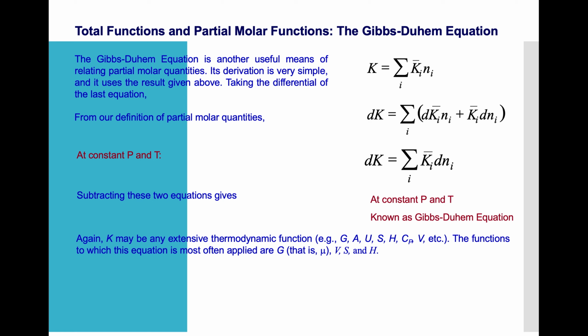Subtracting these two equations gives this one at constant P and T. This is known as the Gibbs-Duhem equation.